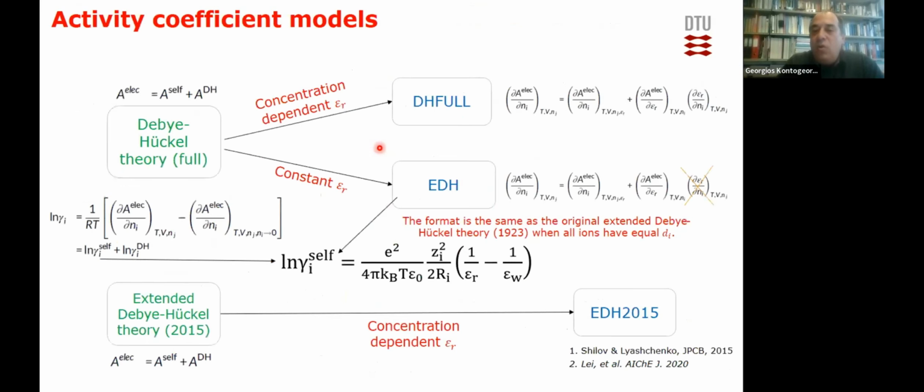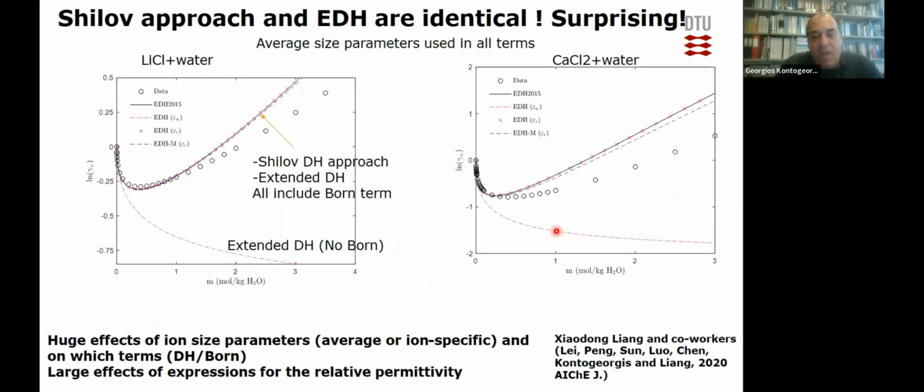And they also compare to the extended Debye-Hückel equation, where we ignored somewhat artificially the derivatives of the relative permittivity. We were amazed to see that the Silov approach and the extended Debye-Hückel were actually identical. We were very surprised to see this, and we also concluded that the Born term is actually needed.